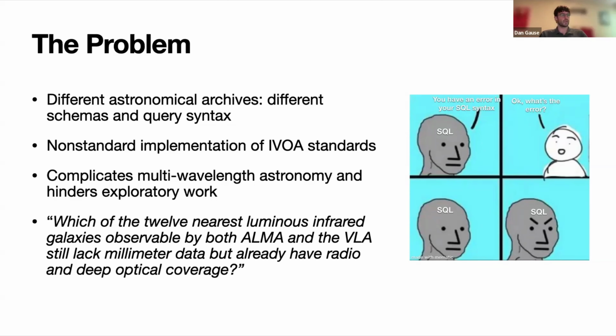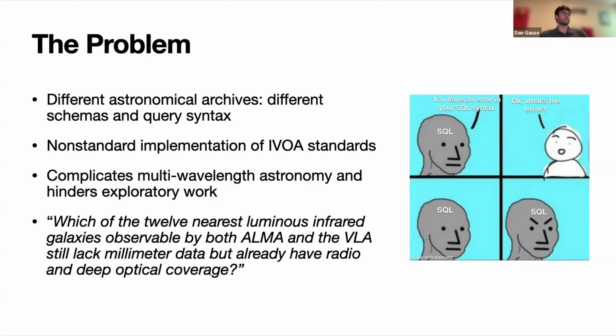This is a standard question somebody might ask, especially if they're looking to fill some gaps in observations. But this means queries to 3 different archives. Each of those archives has different schemas and different interpretations of ADQL, and there's a lot of contextual information that you need to be able to fulfill this.